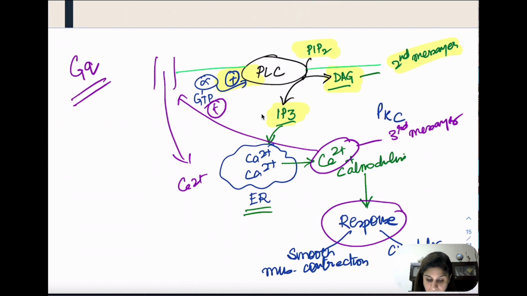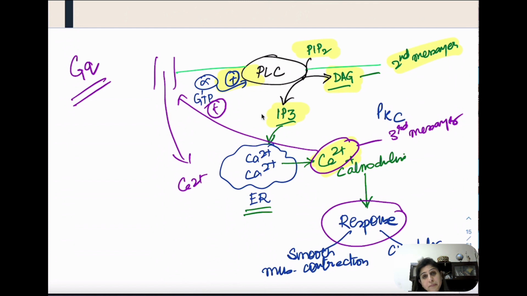We have an incomplete diagram here, so let's complete it. IP3 is going to move calcium, which is stored in the endoplasmic reticulum, towards the outside, and this calcium comes out.